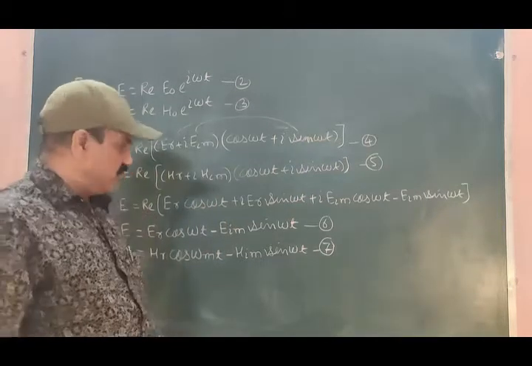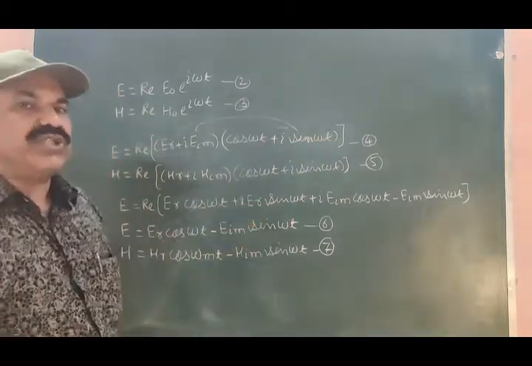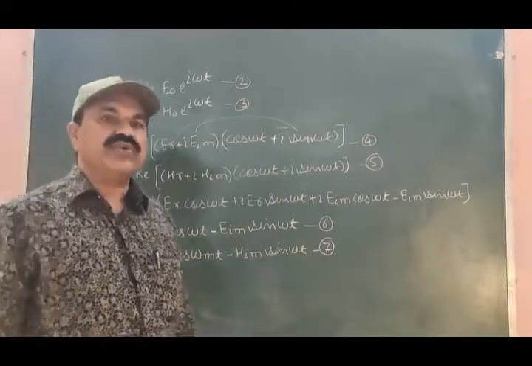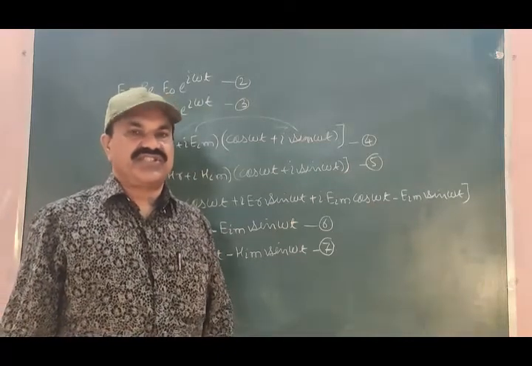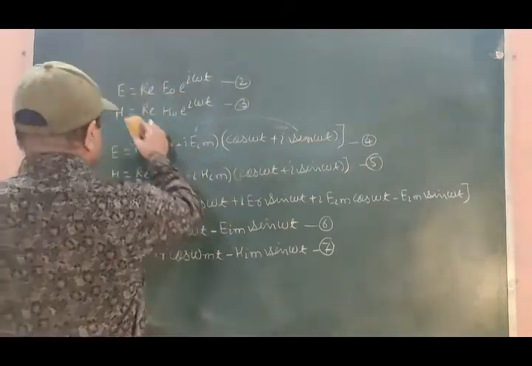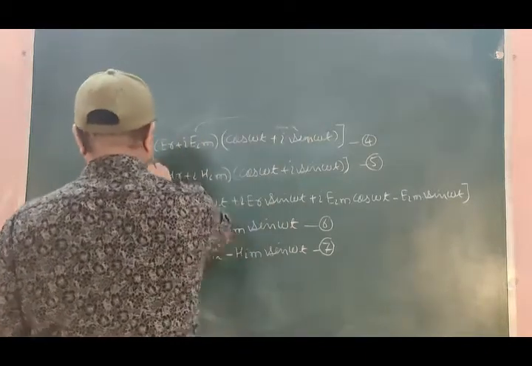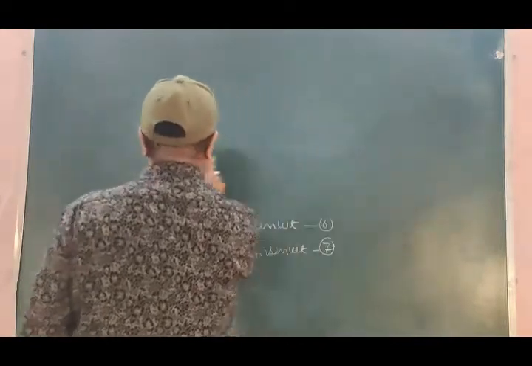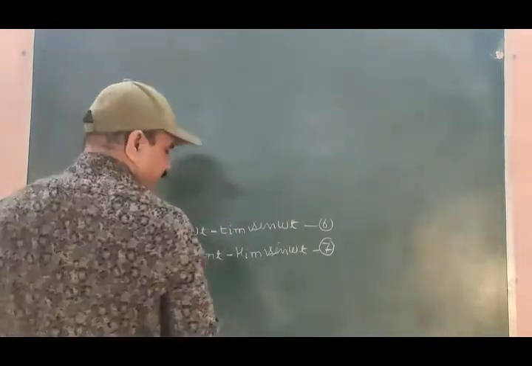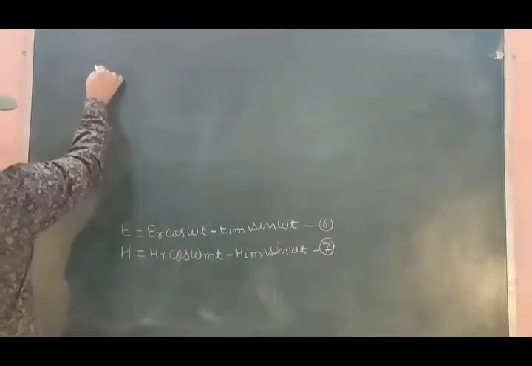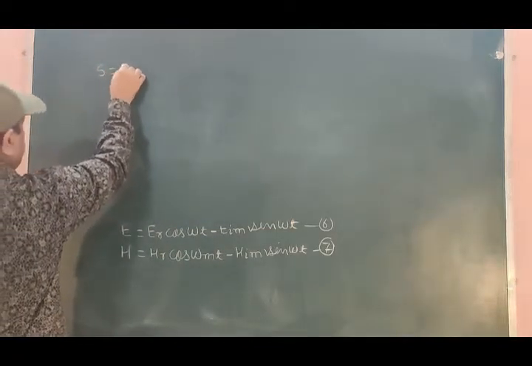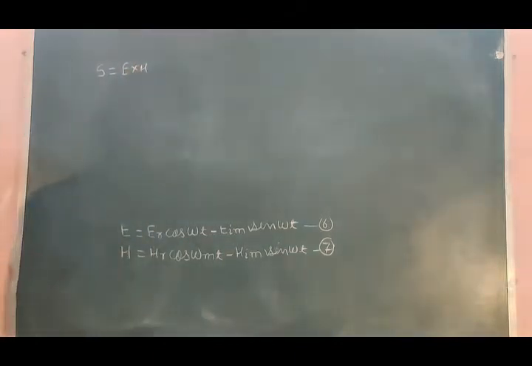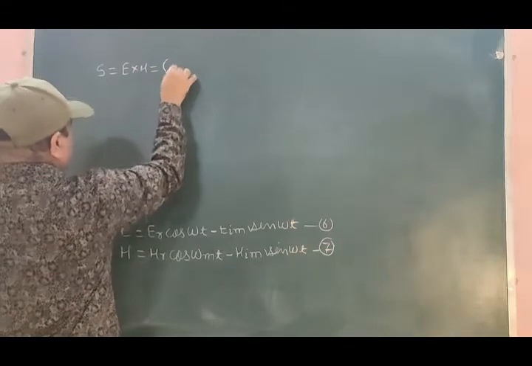What we want, using these two terms in equations 6 and 7, is to find the Poynting vector S. And what is the Poynting vector S? The Poynting vector S is E cross H. What is E?